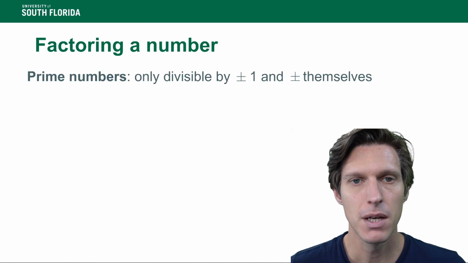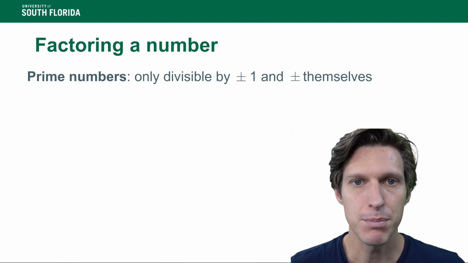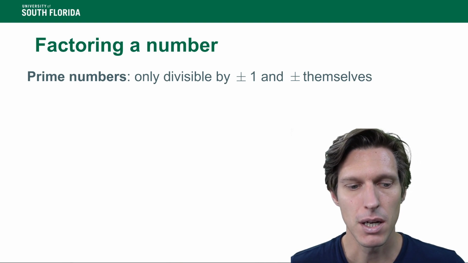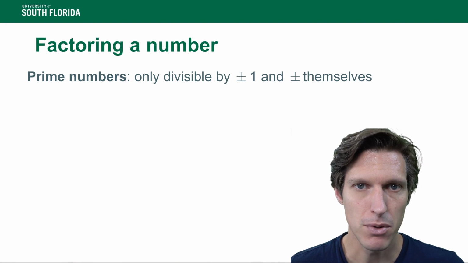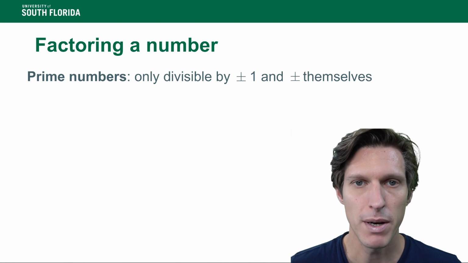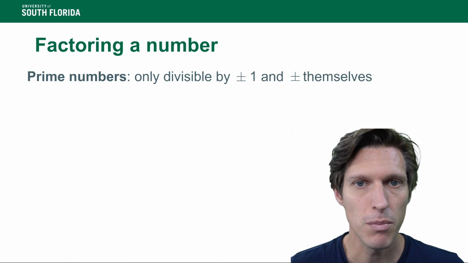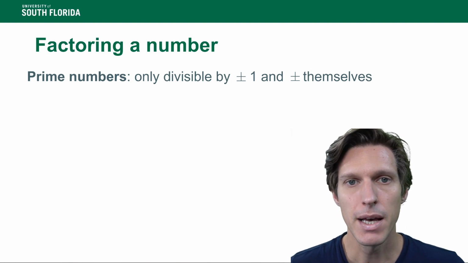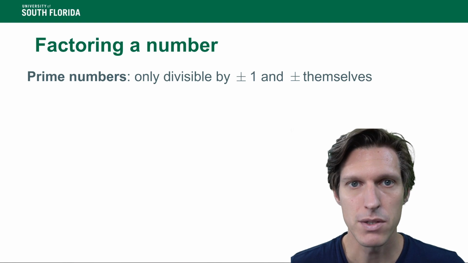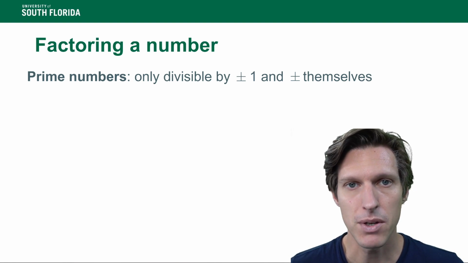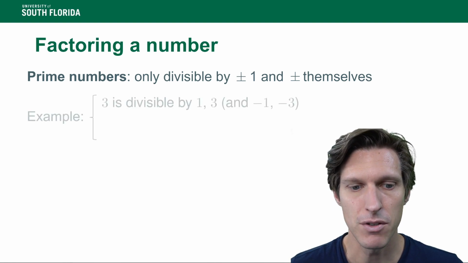So we have numbers that really can't be factored, and these are prime numbers. So prime numbers, well, they are always divisible by something. 1 divides all the numbers, and all numbers are divisible by themselves, okay? And you can also do plus or minus 1. So a prime number is divisible by only plus or minus 1 and plus or minus itself. And that's how we define them.